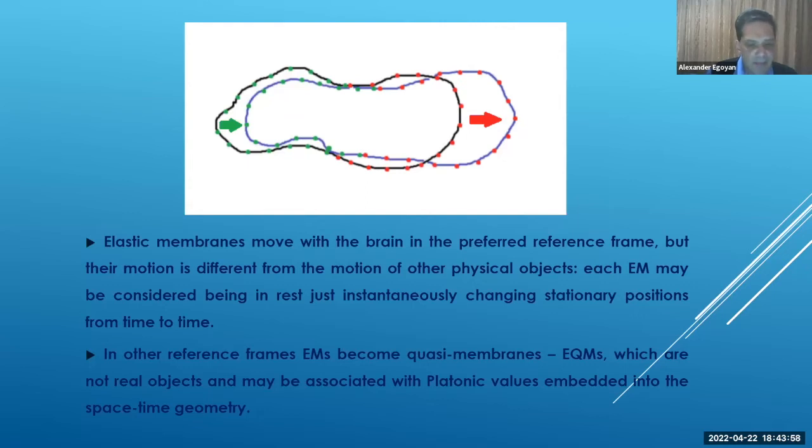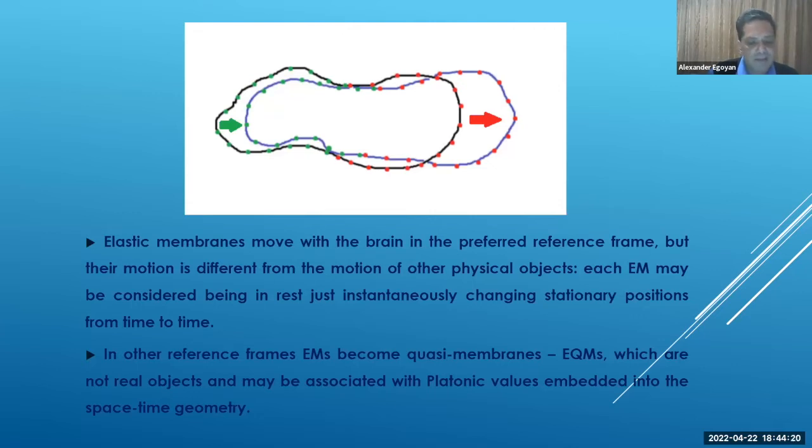Elastic membranes move with the brain in the preferred reference frame, but their motion is different from the motion of other physical objects. Each elastic membrane may be considered being at rest, just instantaneously changing stationary positions from time to time.